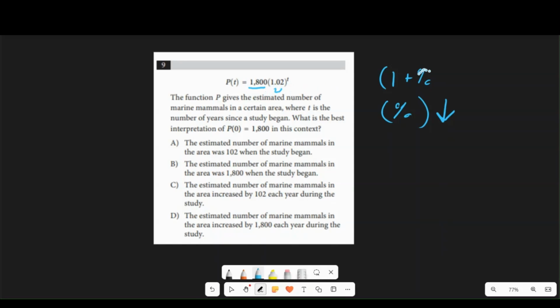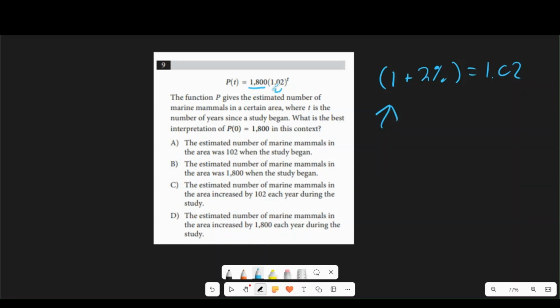So you can imagine it's like plus maybe 2% a year, so we can write that as 1.02. So we know that the number of mammals in a certain area is increasing each year, where t is the number of years.